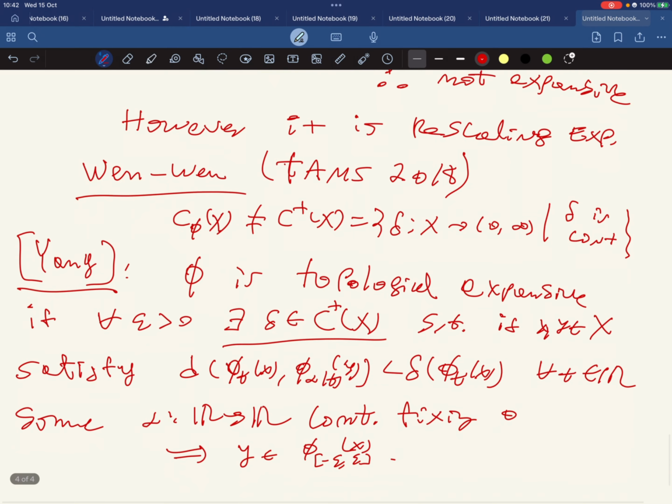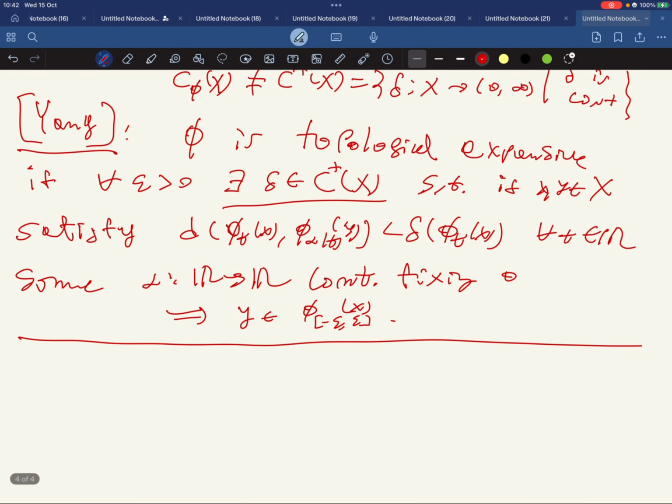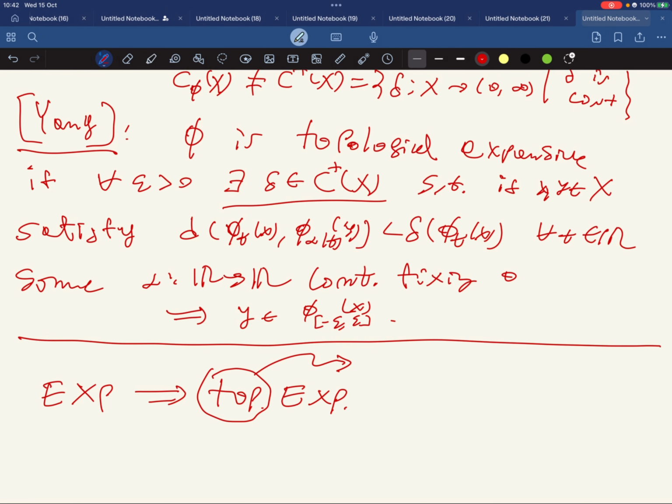Okay. As you can see, expansive implies topologically expansive. By the way, the name topologically expansive appears precisely to not confuse expansivity and this new definition, and this name is copied from a paper by Artigue, a published paper in arXiv.